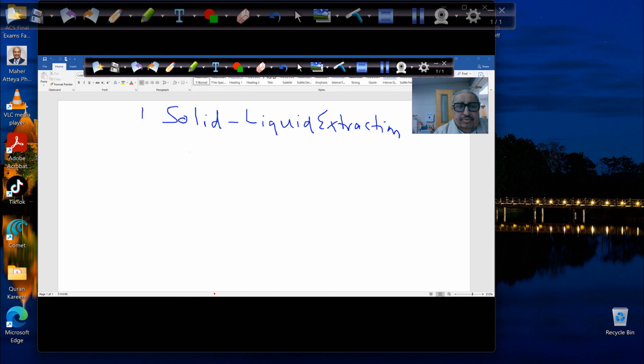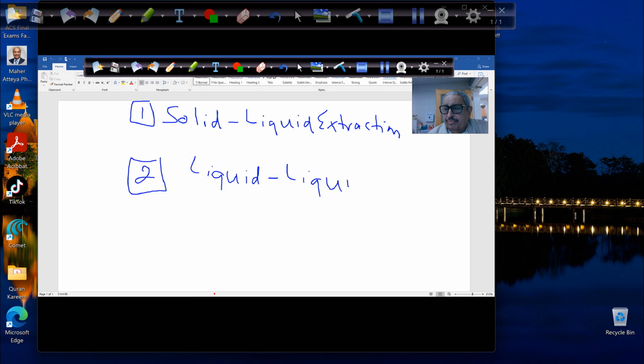Let me write it down. The first one is solid-liquid extraction. The second one is liquid extraction. And both methods are very important in separating compounds from their original mixtures.